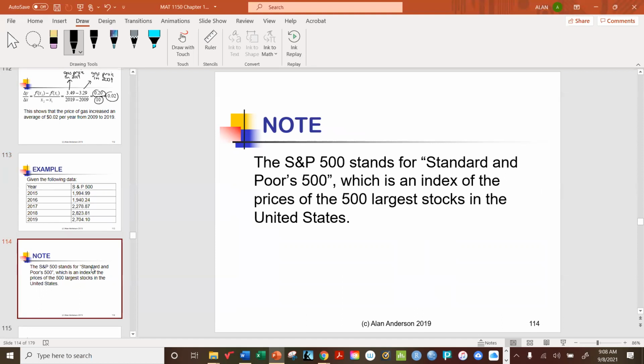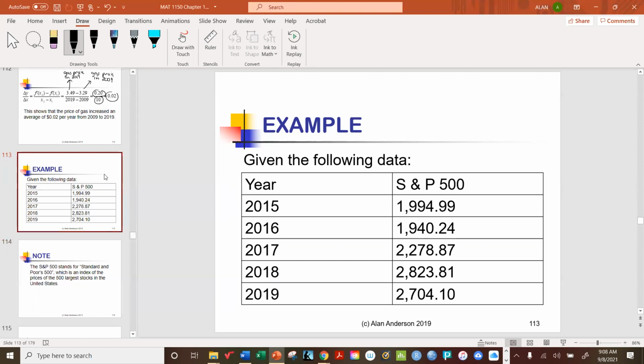Let's just say that Wall Street pays a lot of attention to this number. And down the road, when you actually have money to invest, you'll be paying attention to what the S&P 500 is doing, because it gives you a sense of how the market is doing overall. Now, let's just say that at the end of each of these 5 years, this is the price of the S&P 500.